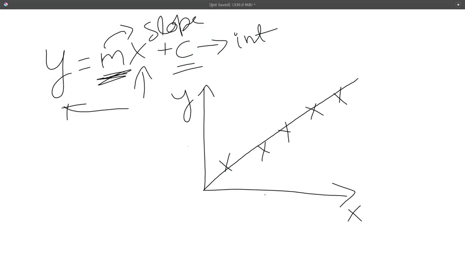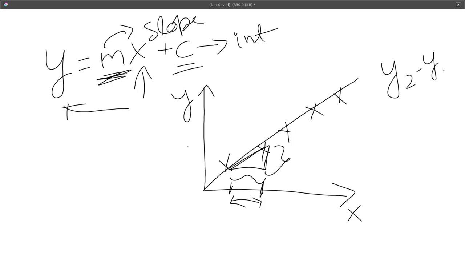So what is the slope in this graph? The slope is nothing but the difference between the two consecutive values of y, that is this distance, divided by the difference between 2 consecutive values of x. So it's just y2 minus y1 divided by x2 minus x1. So this basically is m.